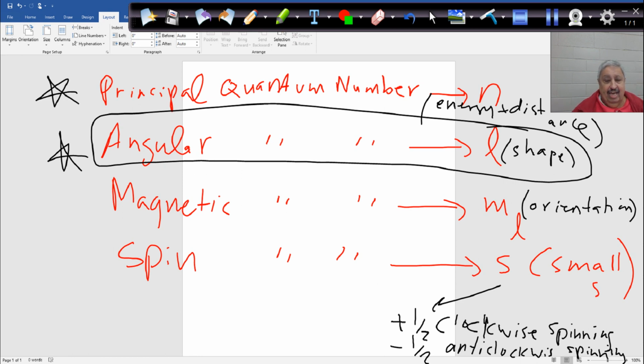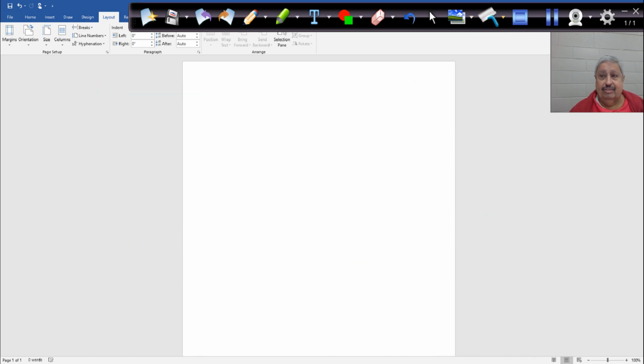Magnetic and the spinning might be later on if you are interested in going for higher chemistry, general chemistry, you will know more about those. So everybody has this? If you can't catch me, because I want to move forward, you can take a snapshot of that. Use your phone to take a snapshot of this. But it will be recorded anyway. So let's take this one out and look at the shape.